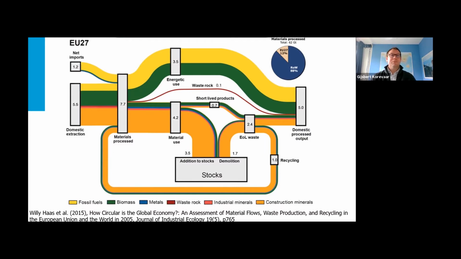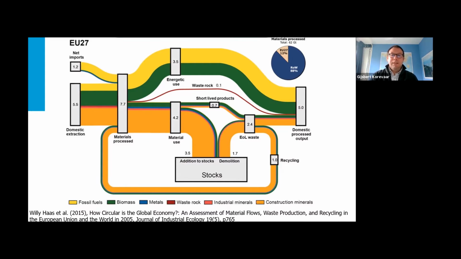That simply means that we produce something and it goes into houses and cars and ships and factory halls and whatever, and it simply stays there for quite some time. It's not so that you produce something today and it will be recycled tomorrow. Most of the products that we have last for a couple of years or sometimes even decades before they are coming back.